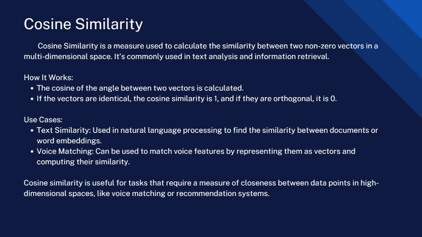It is used in text similarity, in natural language processing to find the similarity between documents or word embeddings. It is also used in voice matching. It can be used to match voice features by representing them as vectors and computing their similarity. Cosine similarity is useful for tasks that require a measure of closeness between data points in high-dimensional spaces like voice matching or recommendation systems.